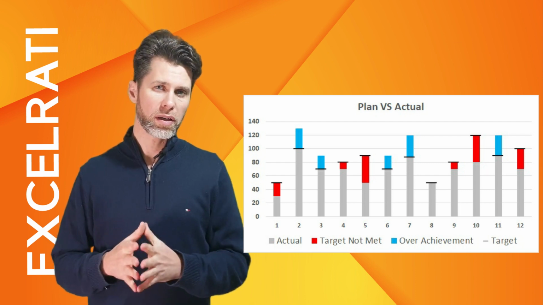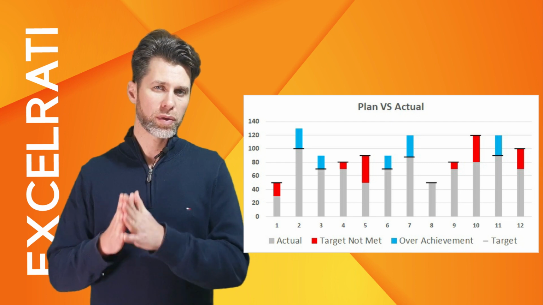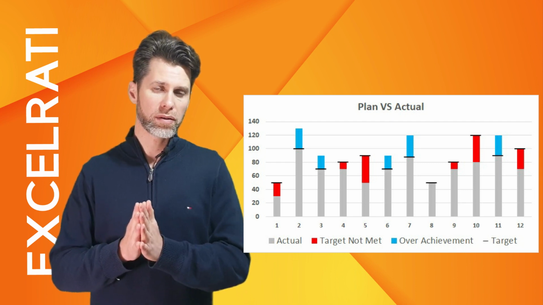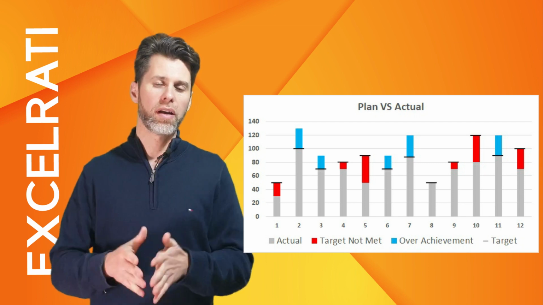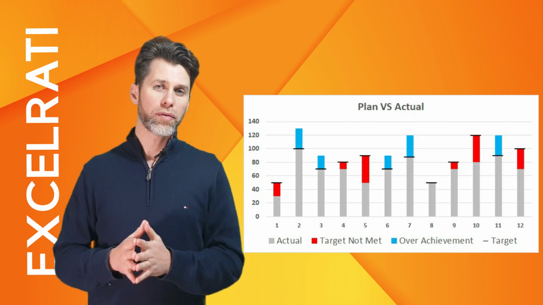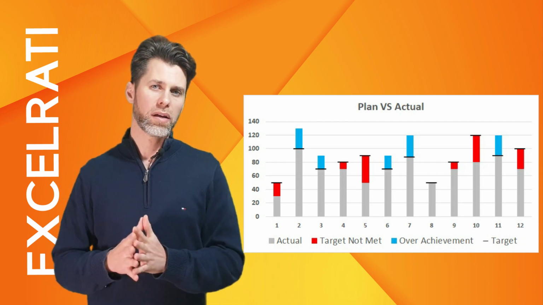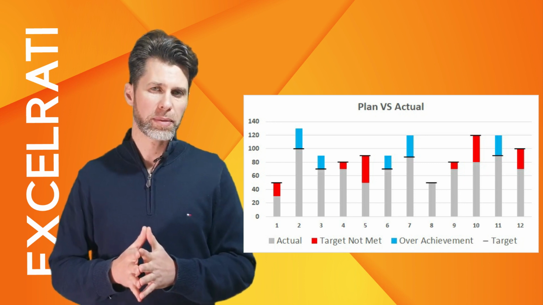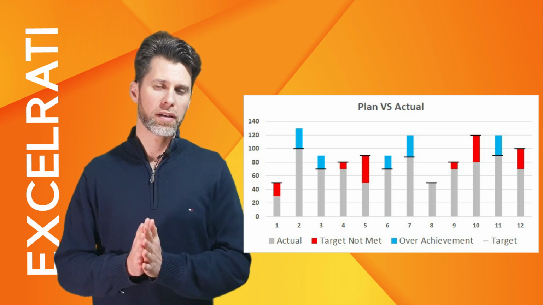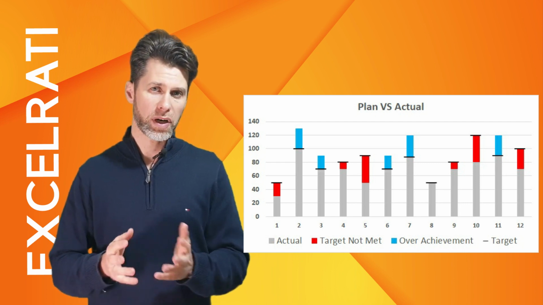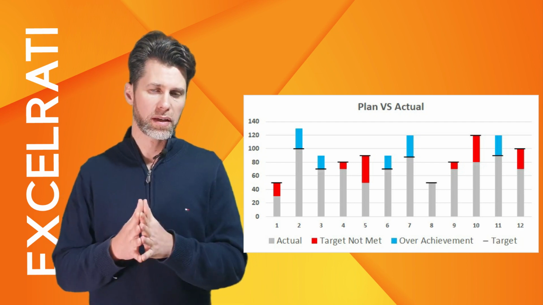This way we can very easily spot whether we did better than planned, because we see blue on the full column, or if we see any red, it means we didn't do as expected. So this is in general how this chart is read. Now let's have a look at how it is created in Excel.